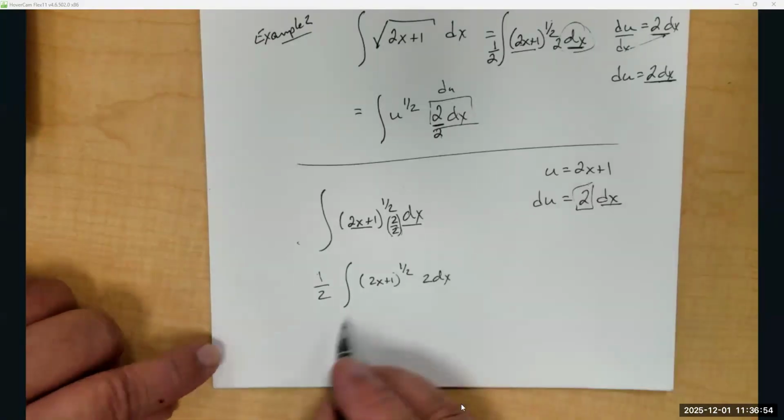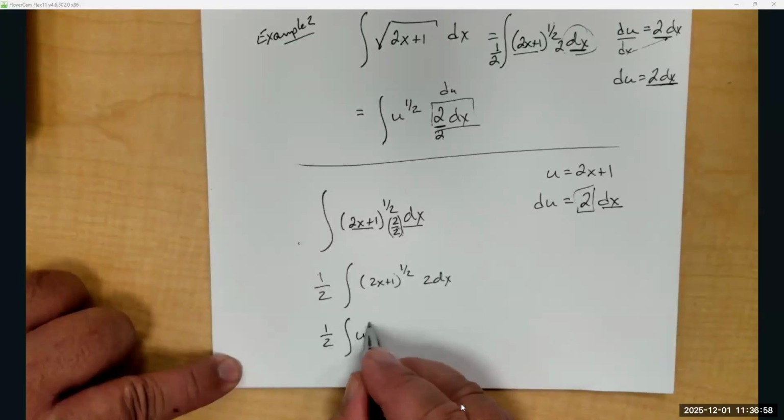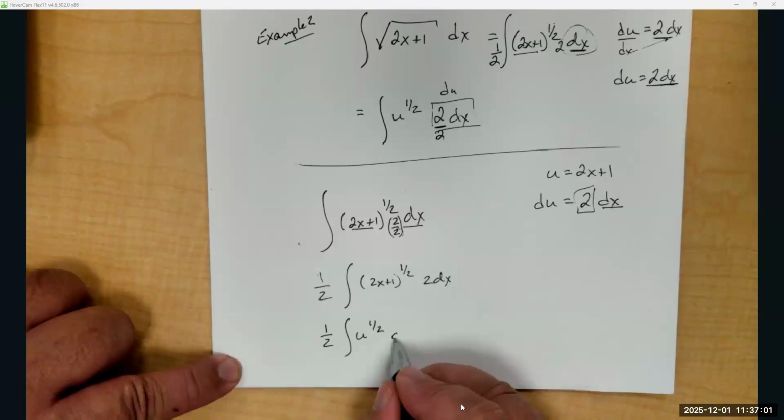Now, I can change this to u to the power 1/2 du.